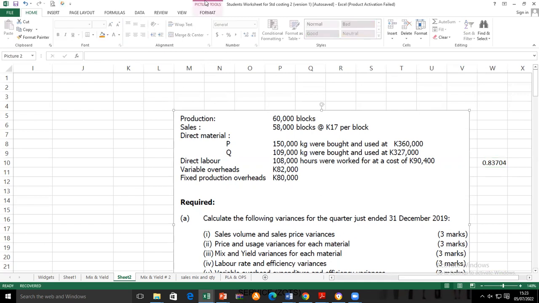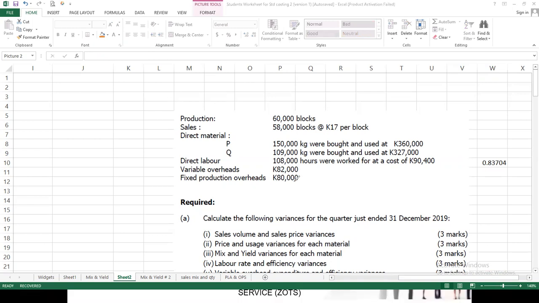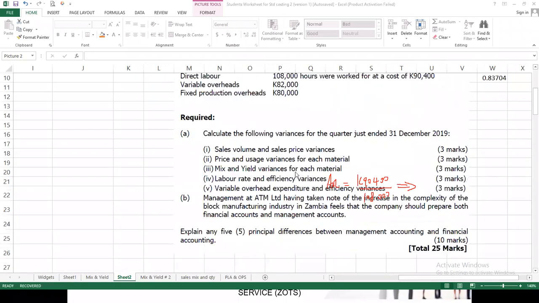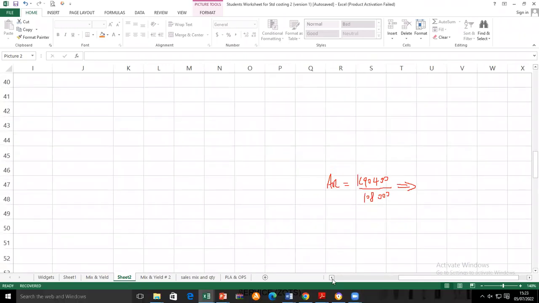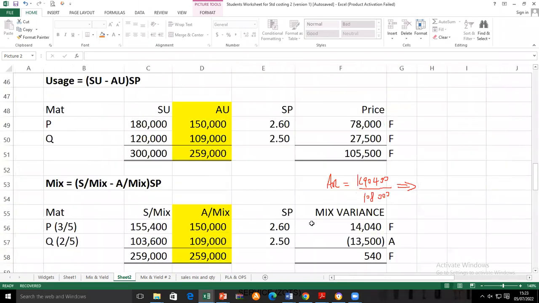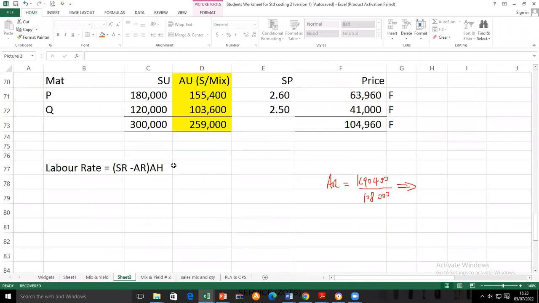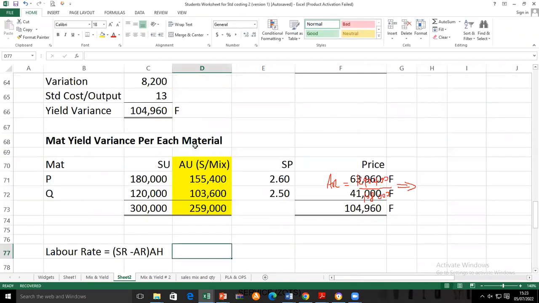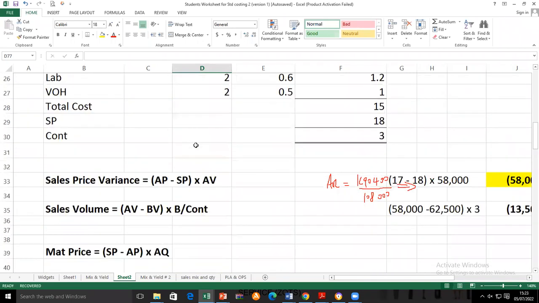What I mean is that to find your actual rate, you're going to say divided by, so we're going to leave it as a fraction.